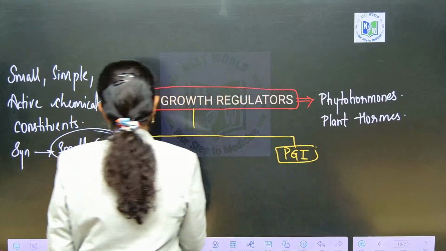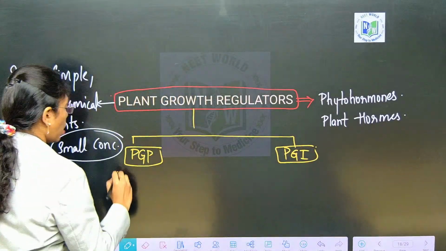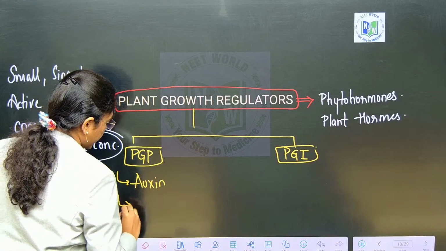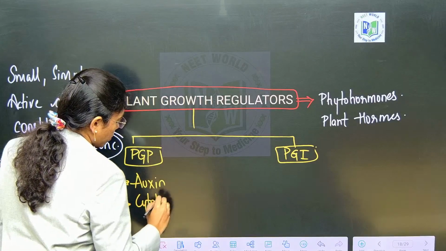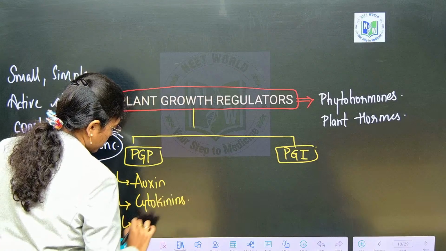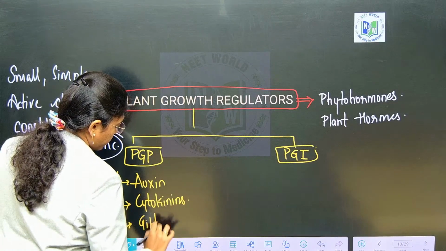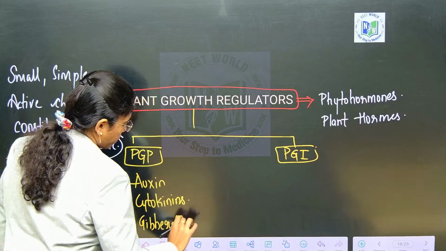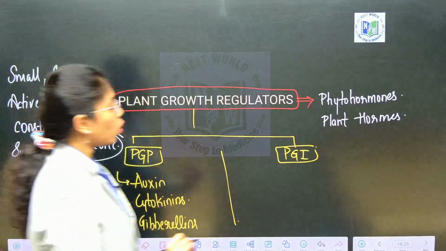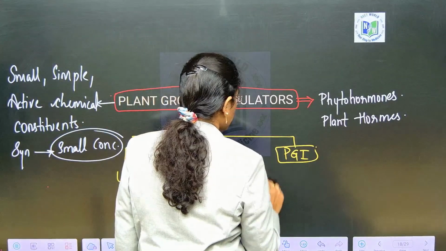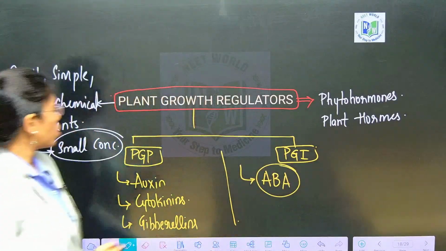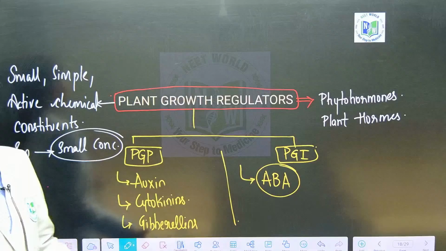Plant growth promoters include auxins, cytokinins, and gibberellins. Plant growth inhibitors will be abscisic acid, that is ABA.